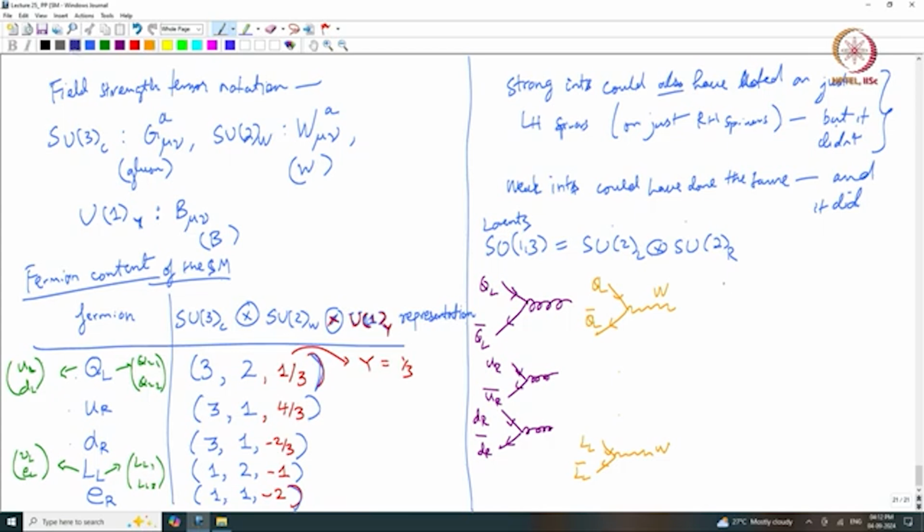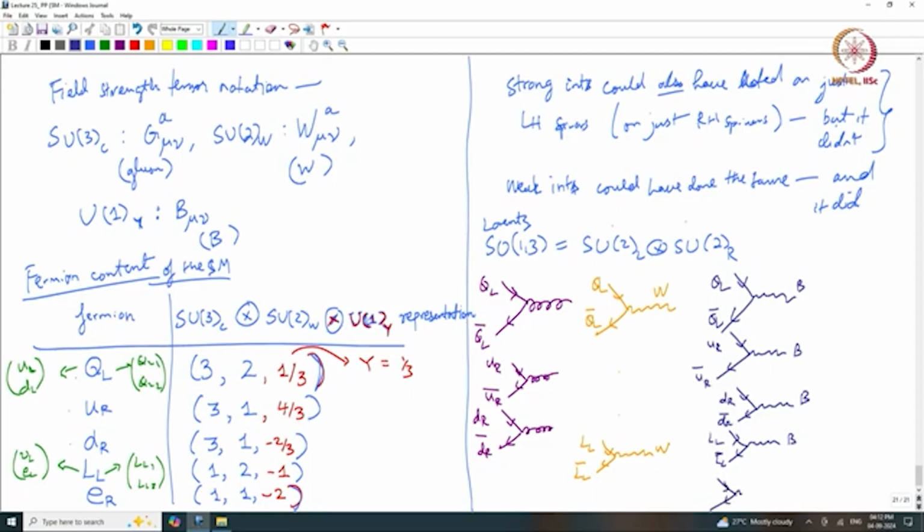And finally the B force, the hypercharge, acts on all of them, that's what we've written, everything is charged under that hypercharge. So I can have this vertex, I can absolutely have this vertex for DR and for the LL absolutely, and finally for the ER as well.